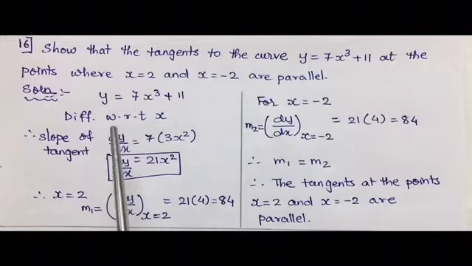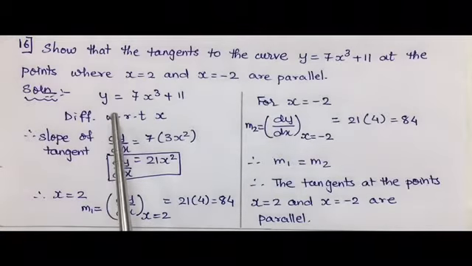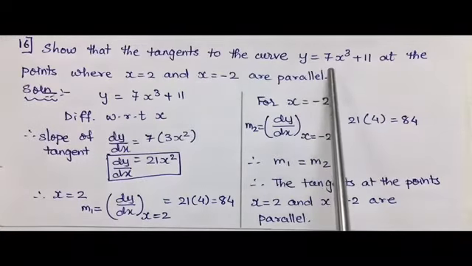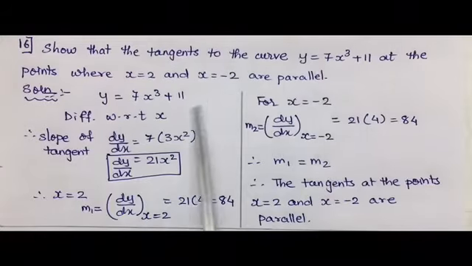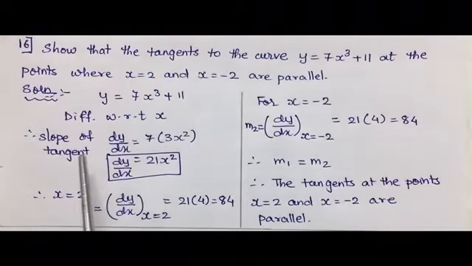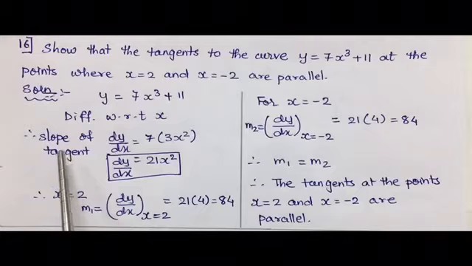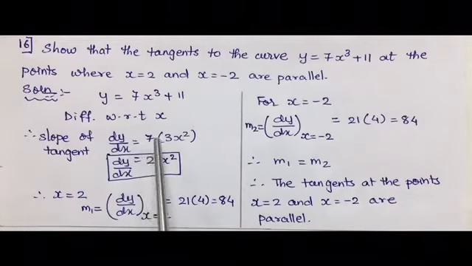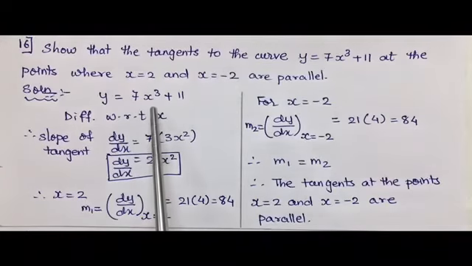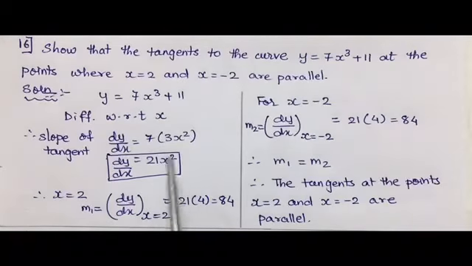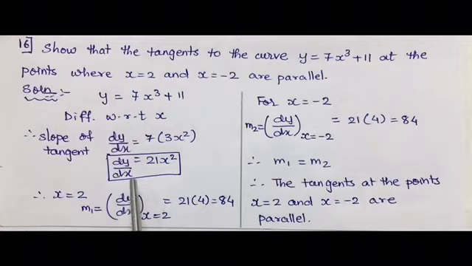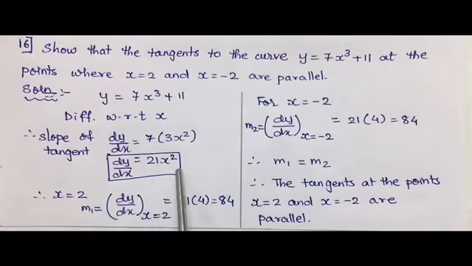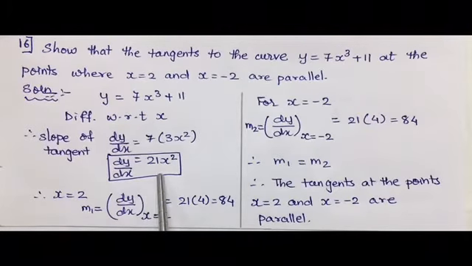To calculate the slope of the tangent, we differentiate the equation of the curve with respect to x. So we get the slope of the tangent as dy by dx equal to 7, x cube derivative is 3x square. So dy by dx is equal to 21x square. This becomes the slope of the tangent.